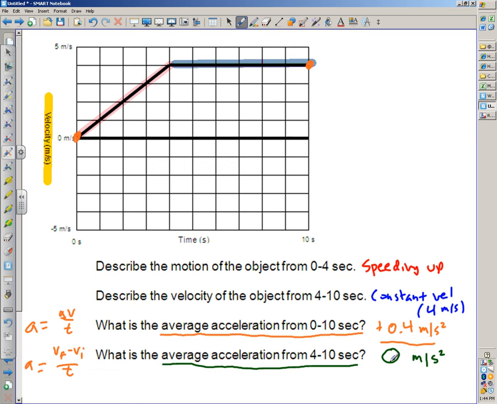Question? Sierra, go ahead. Isn't the formula for average acceleration the same as for velocity? No, because the formulas look the same, but velocity is a relationship between displacement and time, not velocity and time.